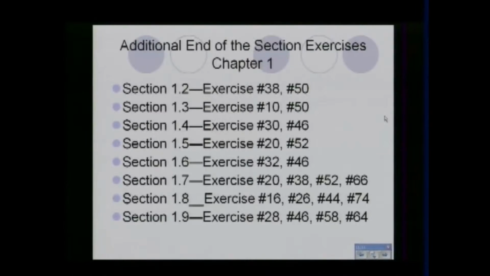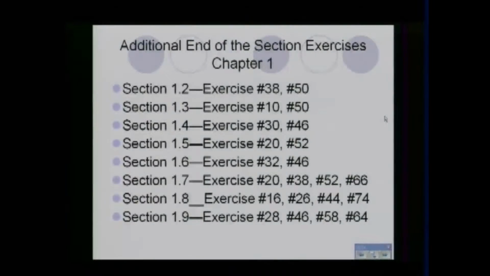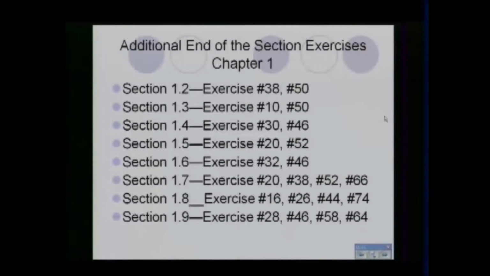From section 1.1, exercise 38 and 50, 1.3, 1.4, all the way to 1.9. Some sections we do more, some sections we do less. Again, I'm trying to cover all the bases and all the different types of problem you may have.